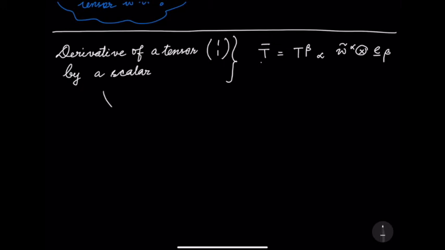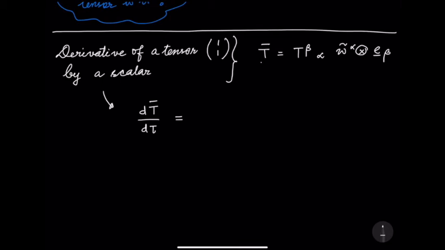if I take the derivative, that is dT d say tau, what happens? Well, the one form and the vector bases are not... their constant values 1, 0, 0, 0 in the type of coordinate system we are dealing with in special relativity.